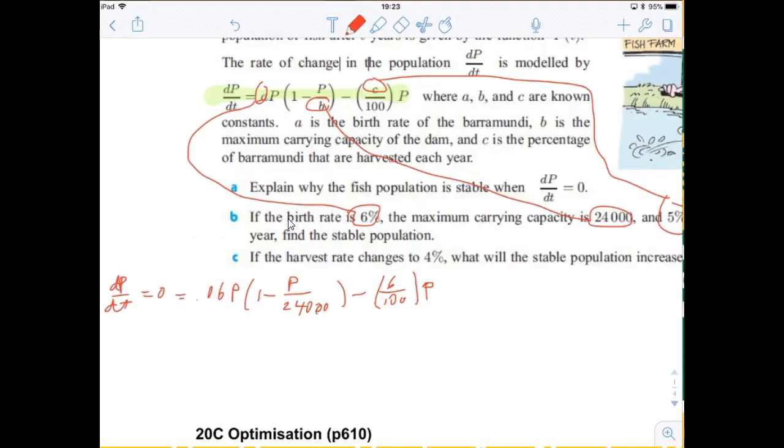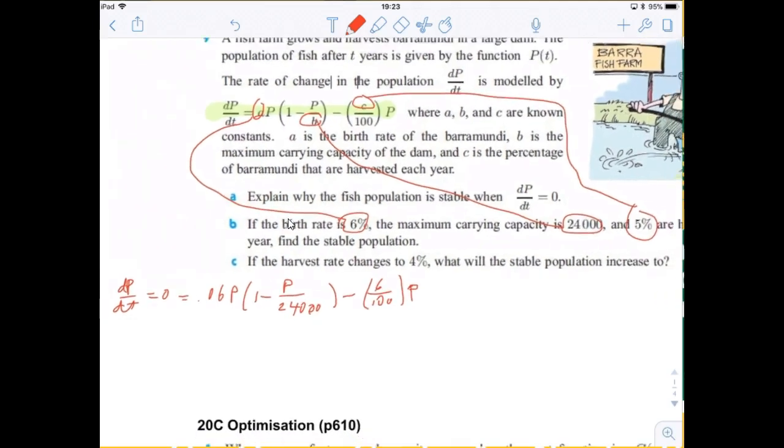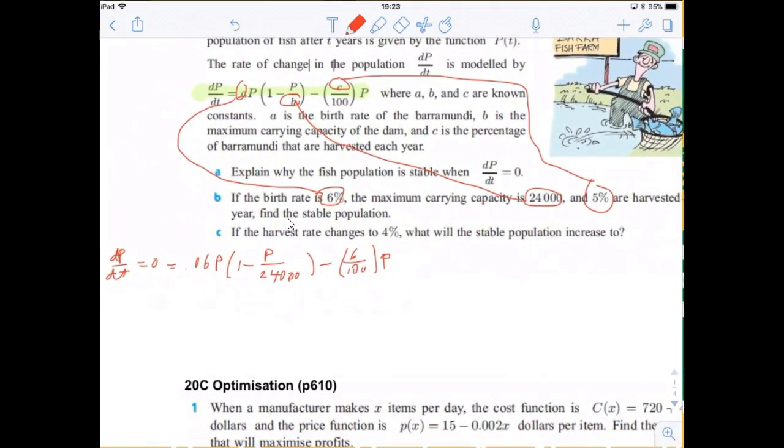This book doesn't have too many mistakes in it. I don't know if this is a mistake, but I think this is pretty weird. If you are trying to get the answer they get in the back of the book, it's funny because normally when someone gives you a percentage, you question how you're going to put the percentage inside an equation. Am I going to just put the number in the equation, or multiply it times 0.01 and make it into a decimal? Well, they did something really odd here.